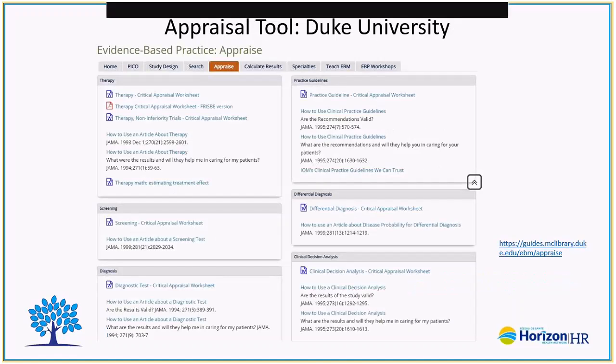Now the next few slides are snippets from assessment tools. This is from Duke University, and like I said, the resources will be available to you. Look through them. Duke University has quite a few worksheets that can be applied to very specific things that you need to appraise.